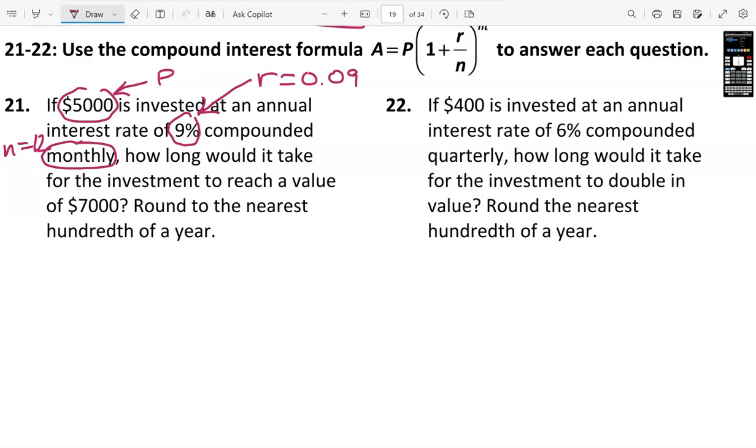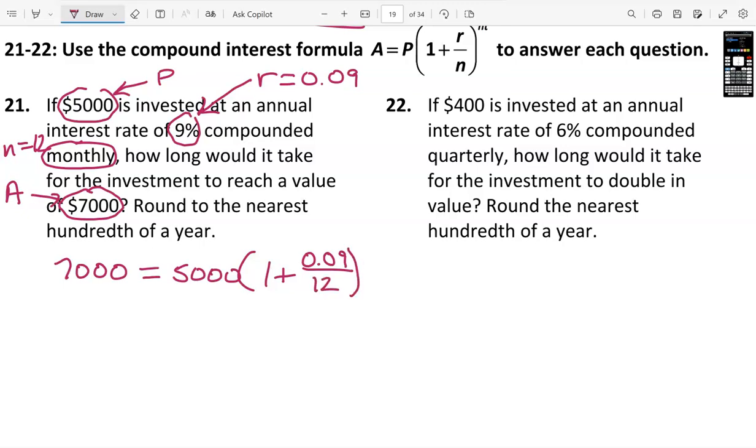And we are looking for the investment to reach a value of 7,000, so that's our value of A, which is the value of the investment, and we're looking for how long it would take, which is time. So we're going to replace all those values, A with 7,000, P with 5,000, R with 0.09, and N with 12, and T yet to be determined.